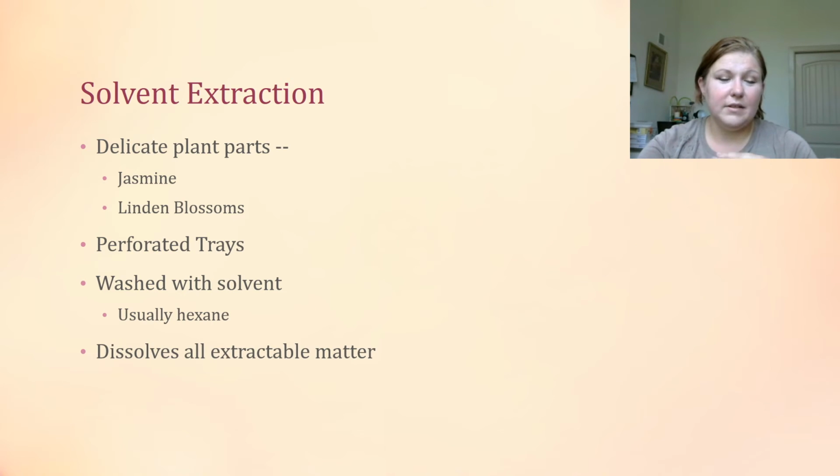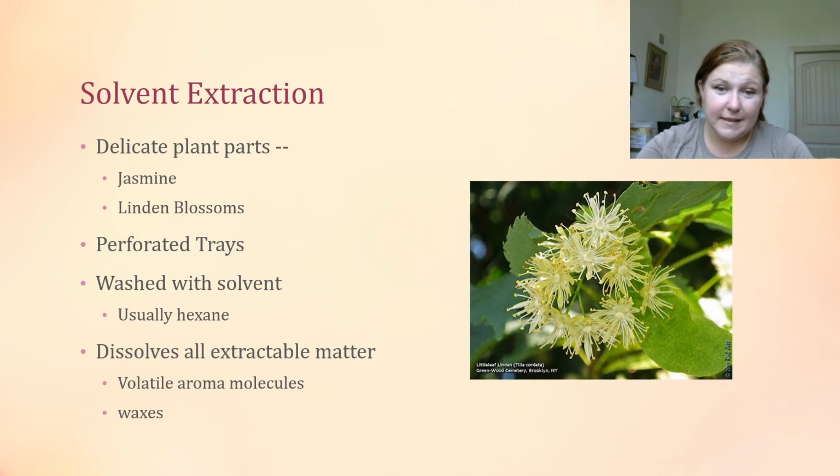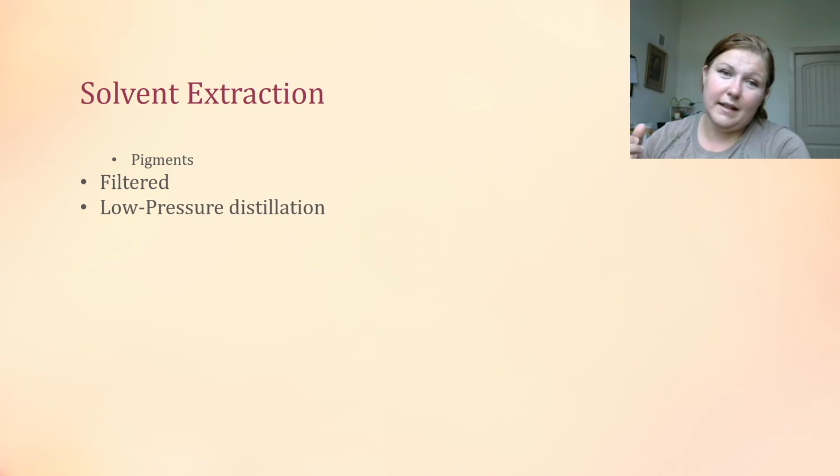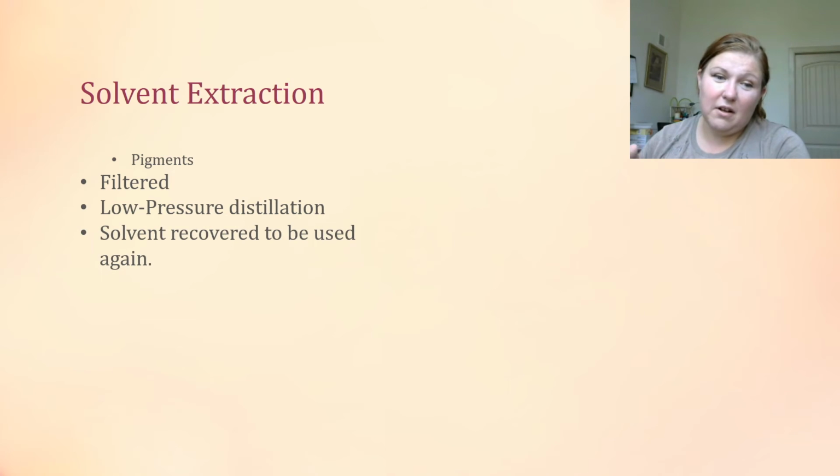And the solvent dissolves all extractable materials, including the aroma molecules and the waxes. It also extracts pigments. Then the solution is filtered using a low pressure distillation method, and the solvent is then recovered to be used again.